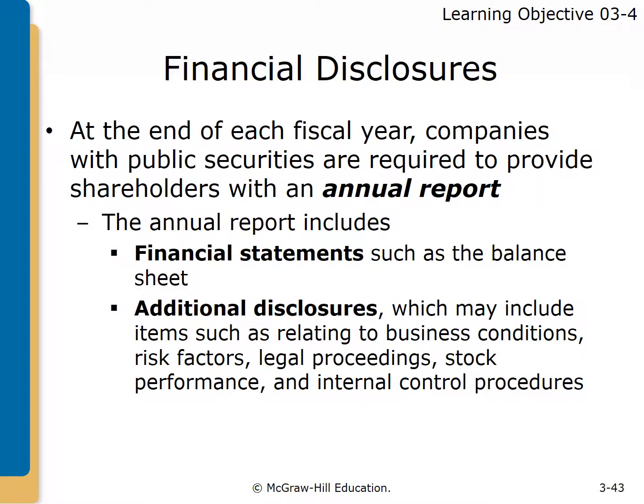Part B of Chapter 3 now talks about disclosures that are required in your financial statements. So we focused on the balance sheet, and now the financial disclosures. At the end of each fiscal year, companies with public securities, so they're traded on a stock exchange, are required to provide shareholders with what's called an annual report. You could go to any company's website and find their annual report.